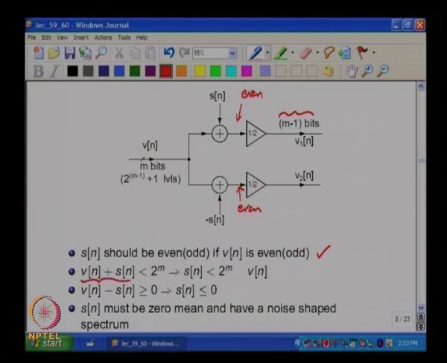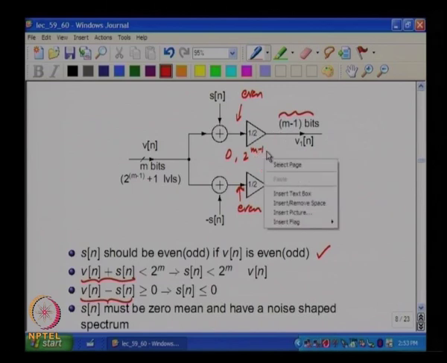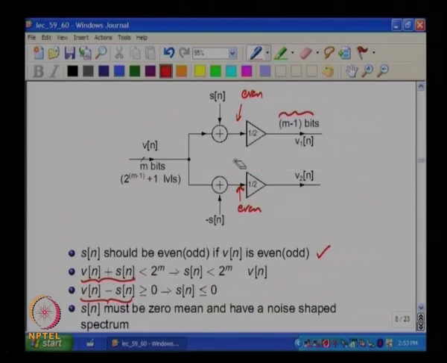Okay. And if you want to make sure that these are exactly m minus 1 bits, you must make sure that V plus S must be less than 2 raised to m, and similarly V minus S must be greater than or equal to 0. So, these numbers must lie between 0 and 2 to the m minus 1.